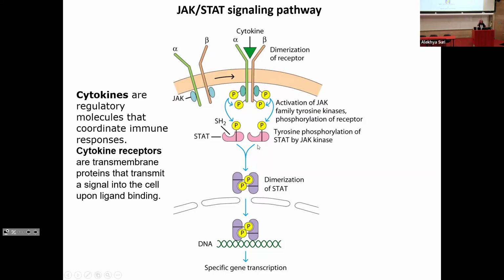So it's a series of phosphorylation events that ultimately leads to translocation of STAT. So what you need to remember is JAK-STAT signaling is important for cytokine signaling, through a relay of phosphorylation events. There's a receptor for interferon gamma, interferon beta. Each of the different cytokines has its own specific receptor to bind to.